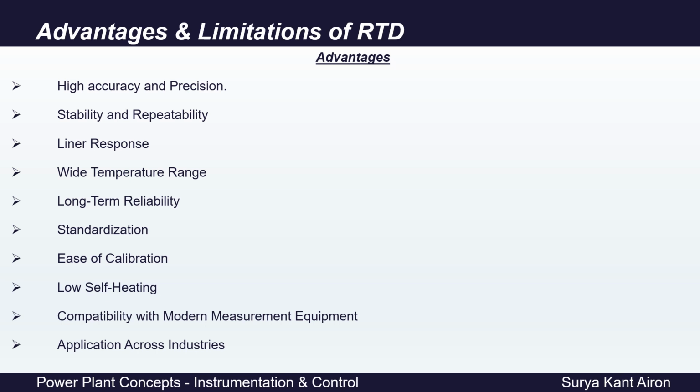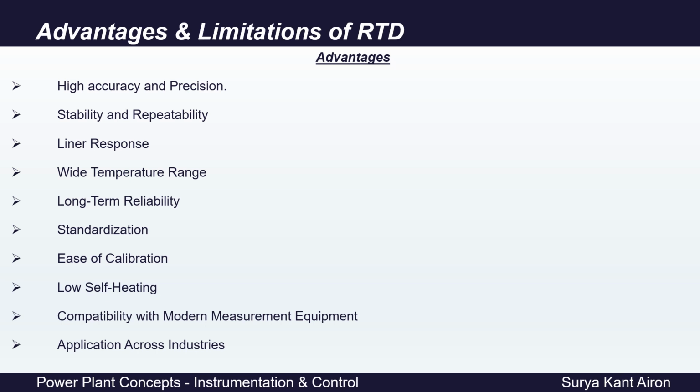Next, coming to the advantages of RTDs. In our power plant, we can see only thermocouples or RTDs, and the rest of the other temperature measuring devices only a few. So RTDs, I would say, are the second most favorable temperature measuring devices after thermocouples. RTDs have many advantages.